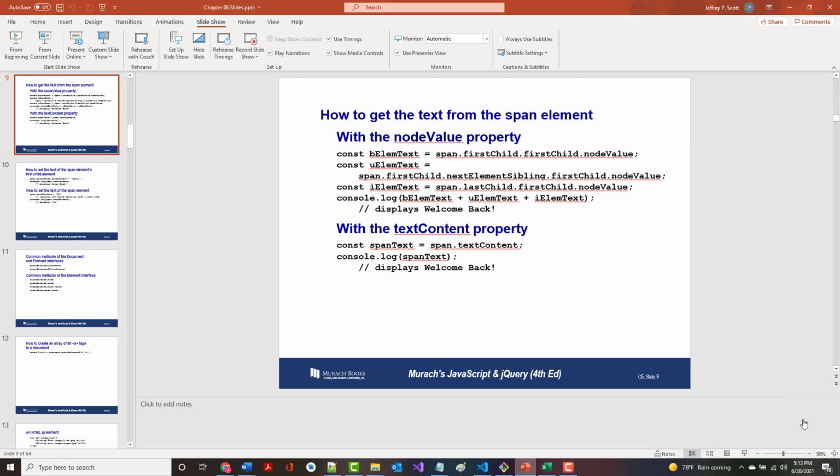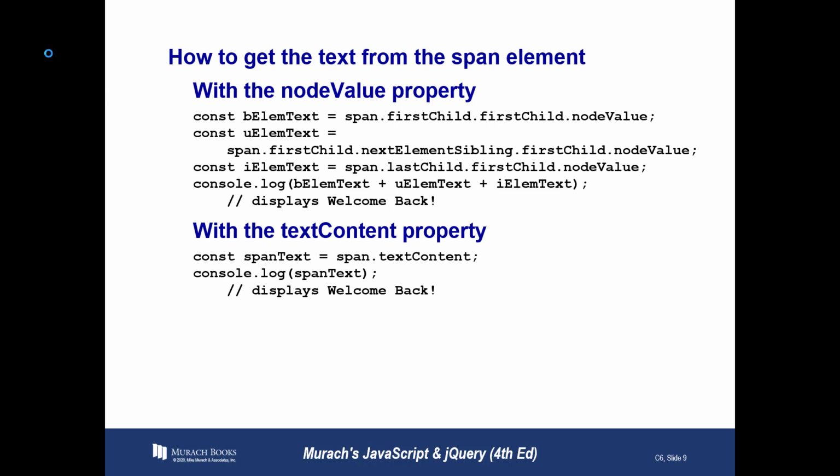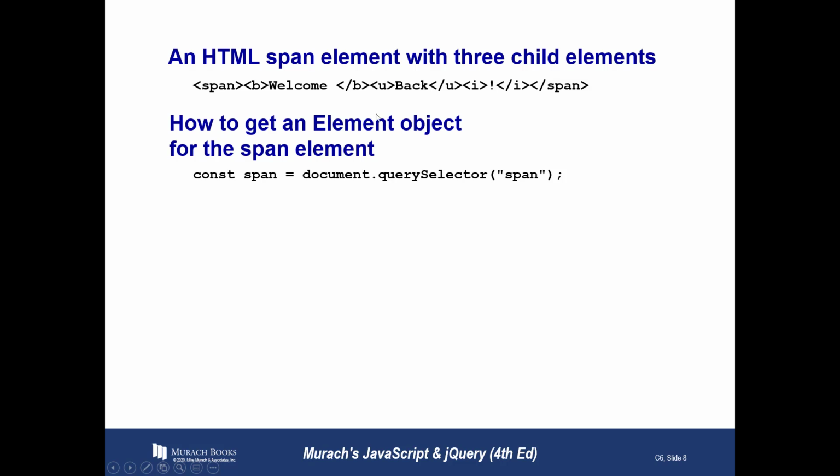Again, part of becoming a really good web developer is the ability to peruse your way around the DOM. A lot of this stuff that's in here won't probably make a lot of sense. But if you look in here, B element text, B for bold. If you remember, that's what was in here, right?